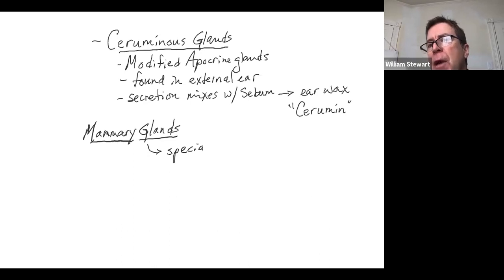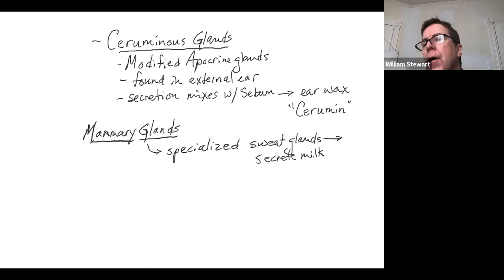They are considered specialized sweat glands. And you'll learn all about that when you study the reproductive systems in A&P2. This is all I want you to know, that they are considered specialized sweat glands that secrete milk.